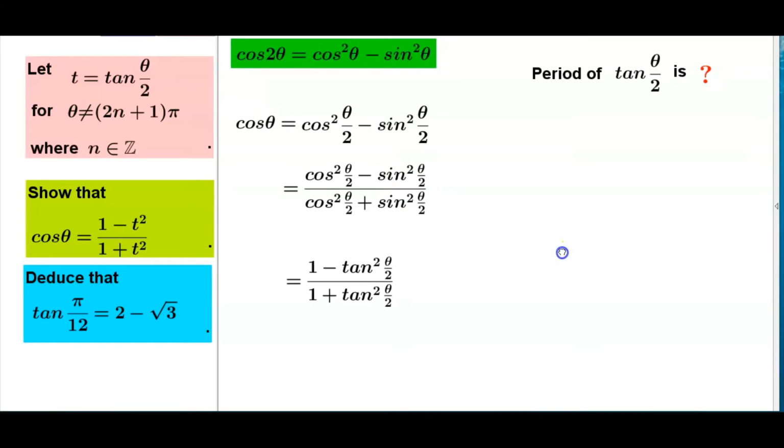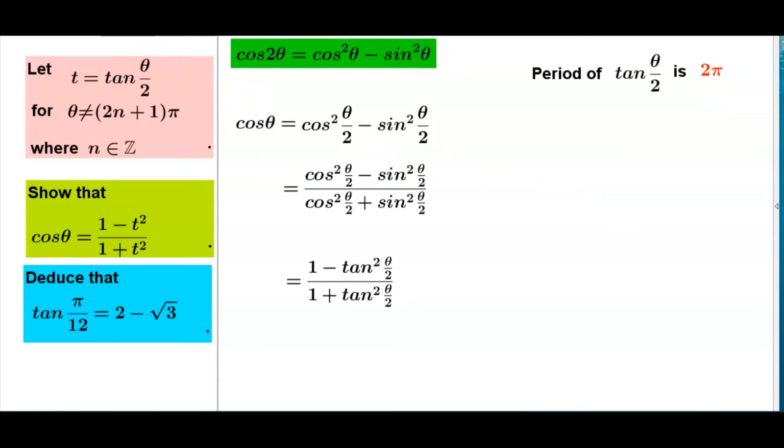Now we have to investigate the condition on theta. What is the period of tan theta by 2? We already know the period of tan theta is pi. Therefore, the period of tan theta by 2 is 2 pi.